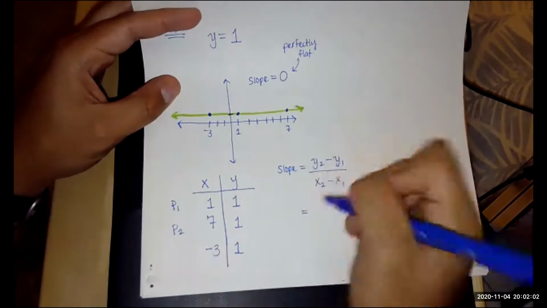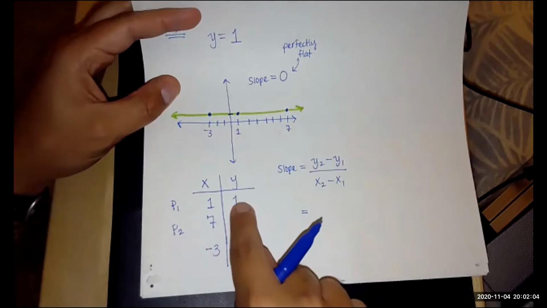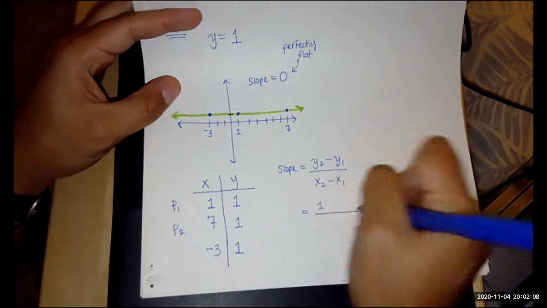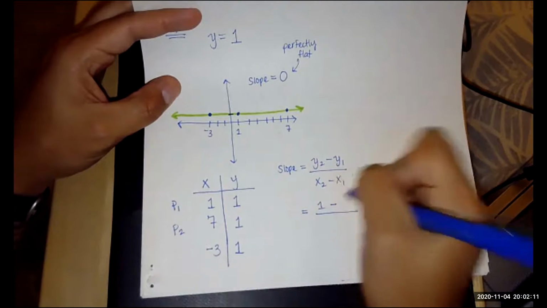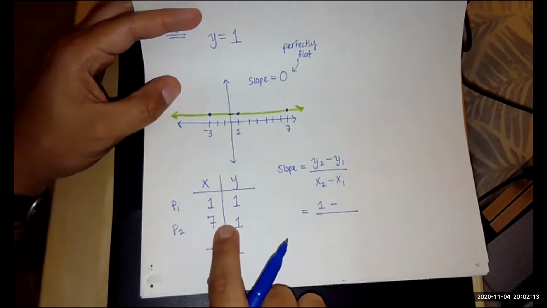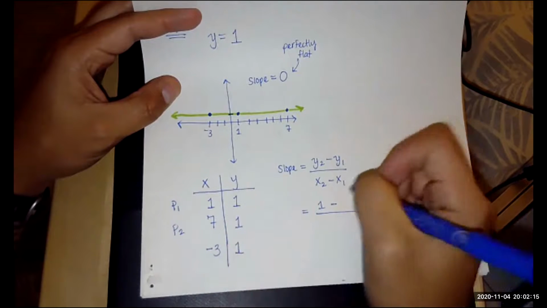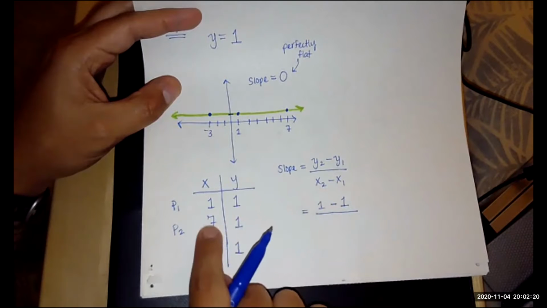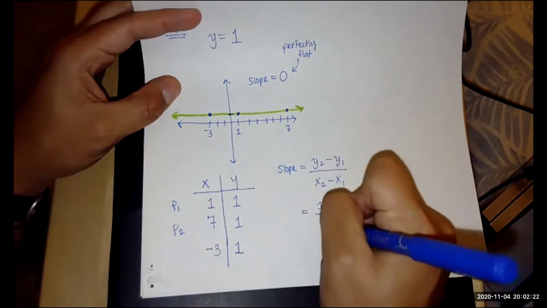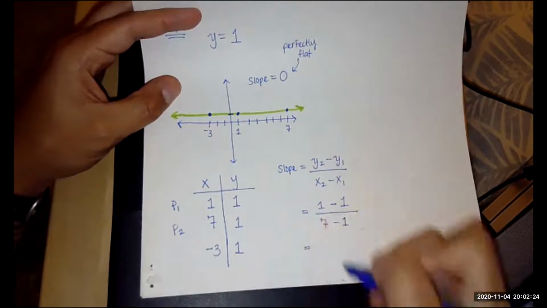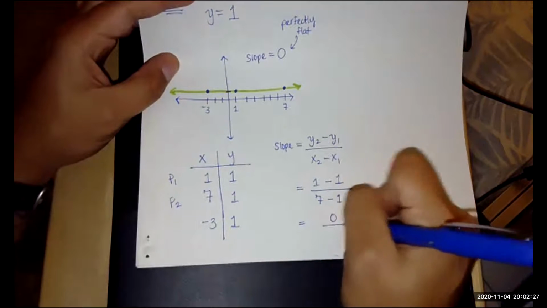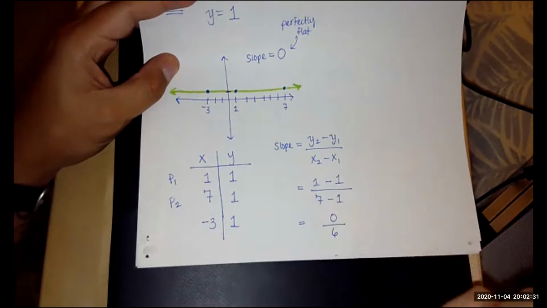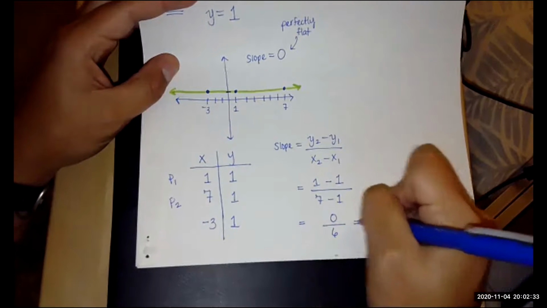So what I would do is plug in my y2, which is 1, minus y1. Okay, so y1 would be this one. And then x2 minus x1 would be 7 minus 1. And if we simplify this, we get 0 over 7 minus 1, which is 6. And 0 divided by 6 is just 0.